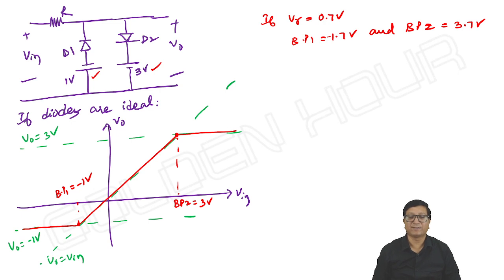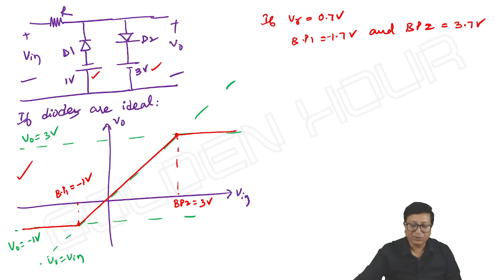That's it. It is as simple as that. And both can be negative also. Based on this transfer characteristics, we can even write the waveforms. Not at all an issue.